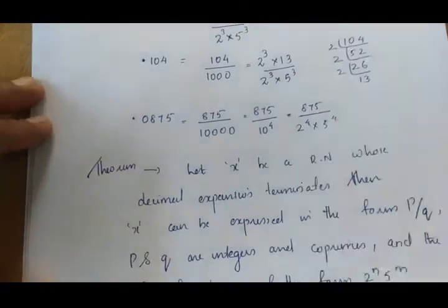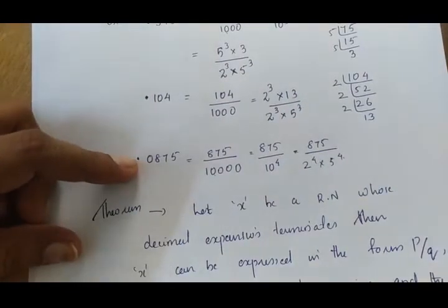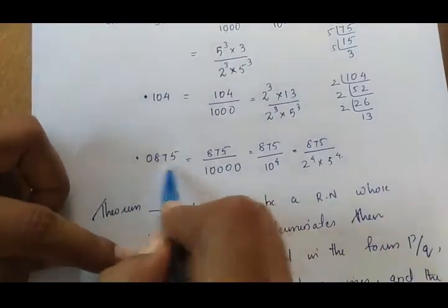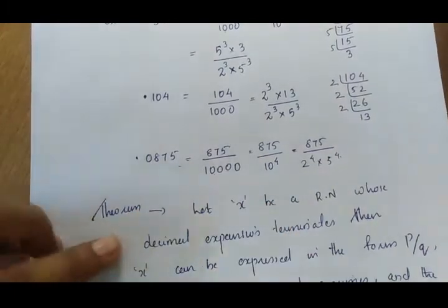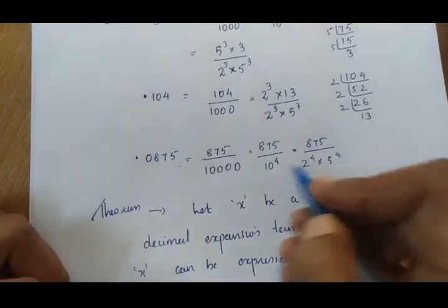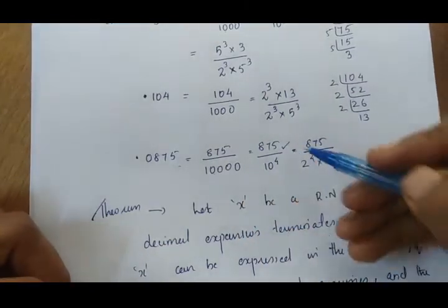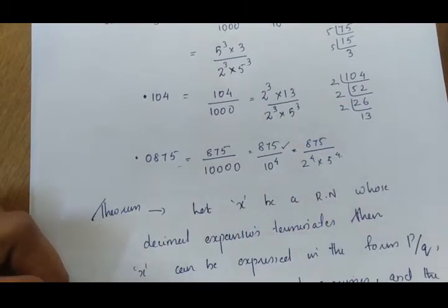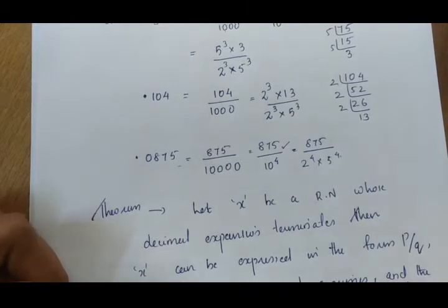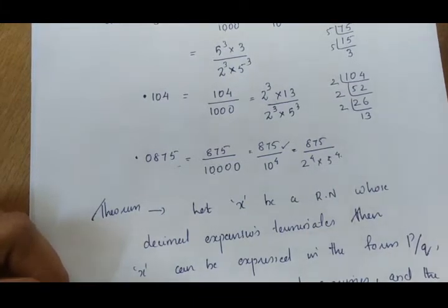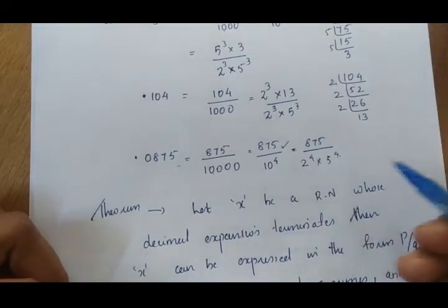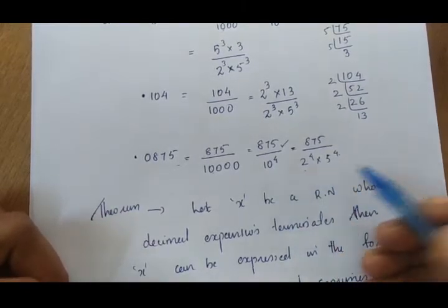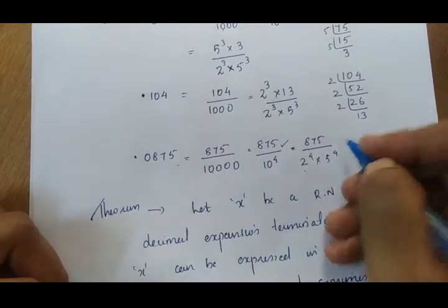Let us consider once again: let x be a rational number whose decimal expansion terminates. This is a terminating rational number. Then x can be expressed in the form p by q, where p and q are integers and coprimes, and the prime factorization of q is of the form 2 raised to n into 5 raised to m.